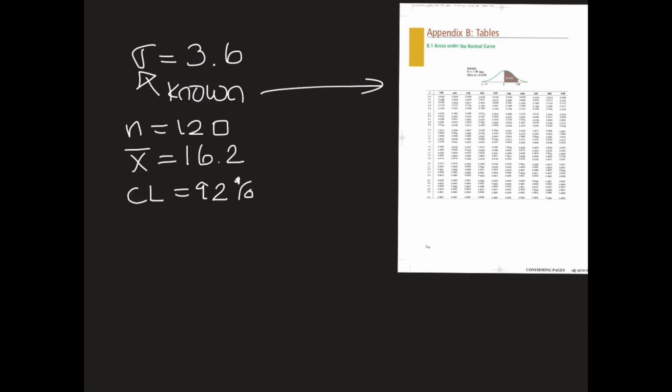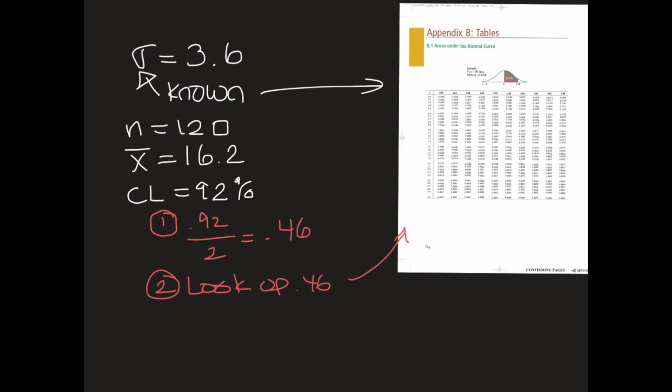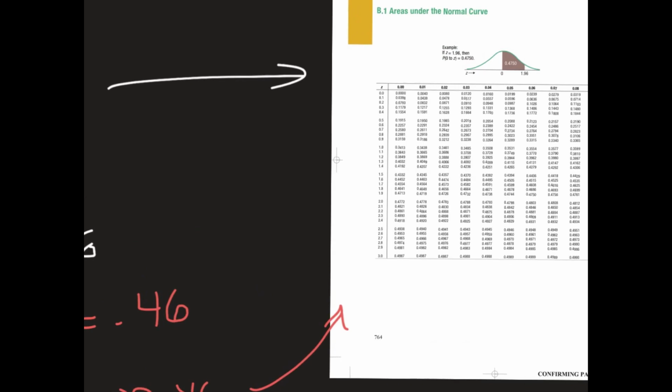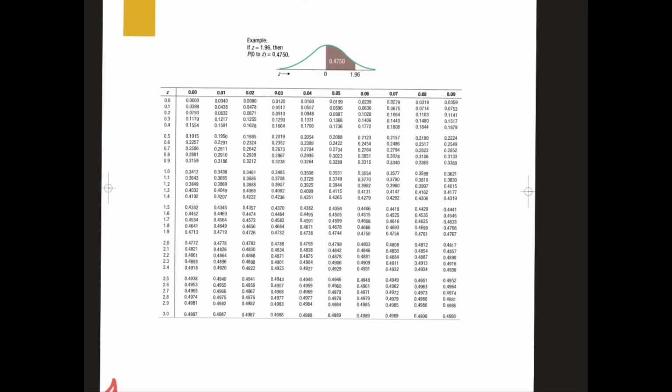Remember, we have to follow our process here. We start by taking our confidence level and dividing it by 2, and we get 0.46. We're going to look up 0.46 in the body of the z-table. So let's bring the z-table over and see what we get.